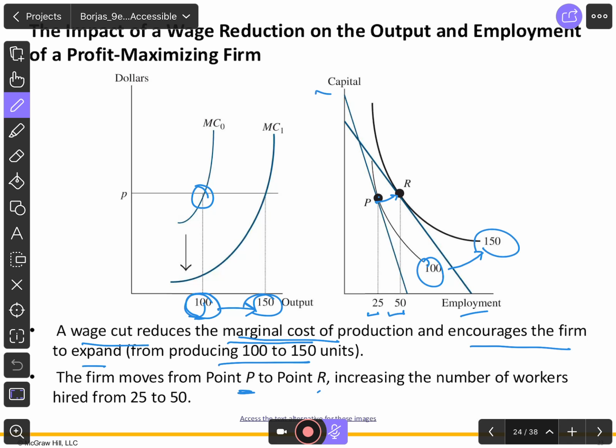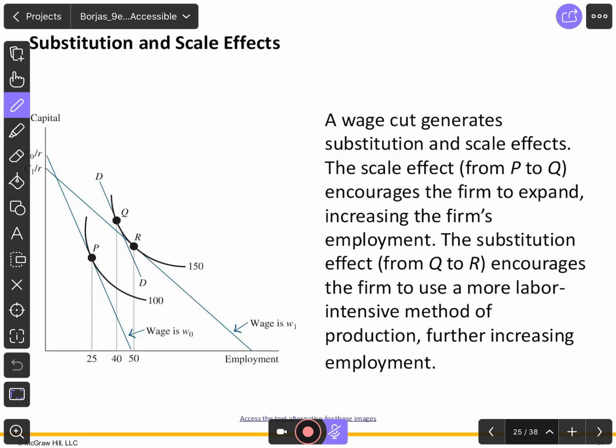Each and every point along the isoquant gives the same level of output. Substitution and scale effect: remember, it is the same idea as the substitution and income effect that we had in the previous chapter. If you already understood what we discussed in the previous chapter, then this is exactly the same idea.